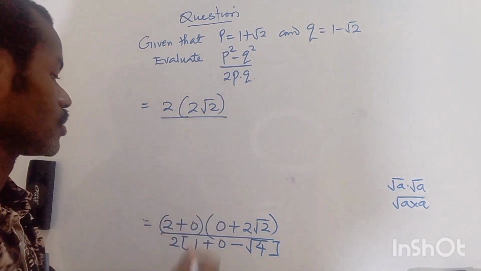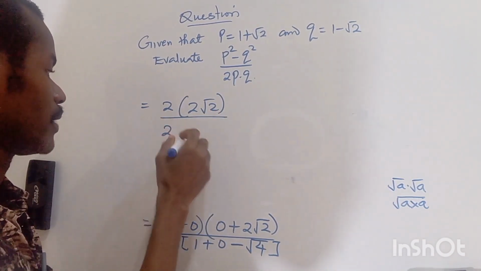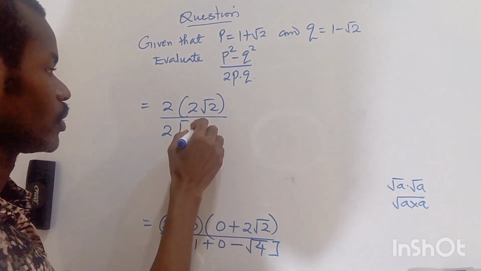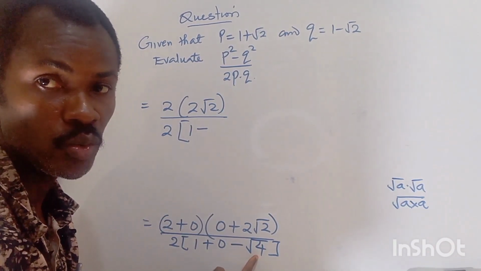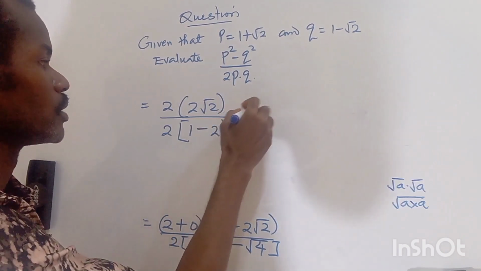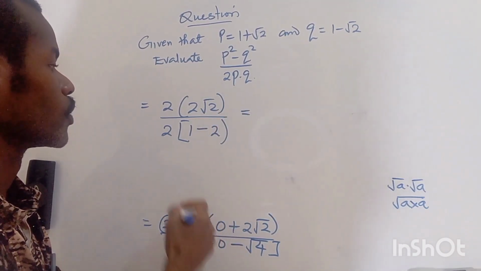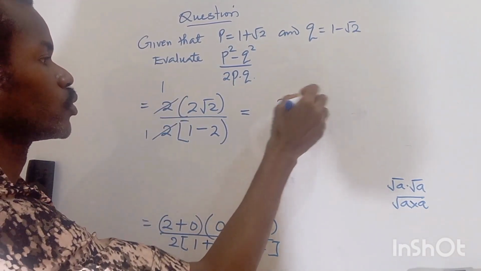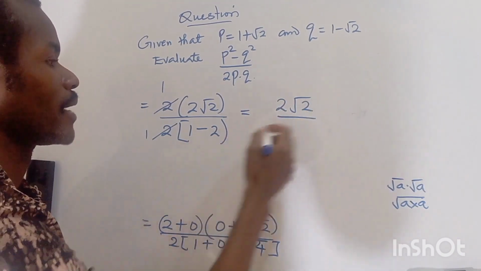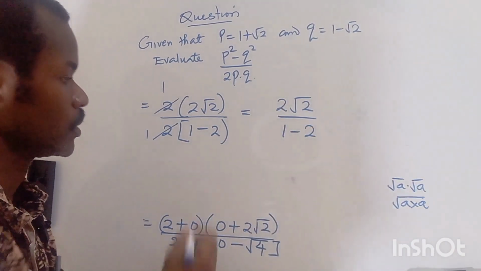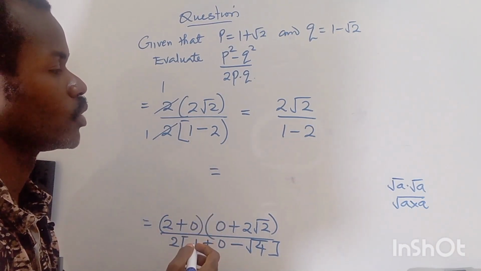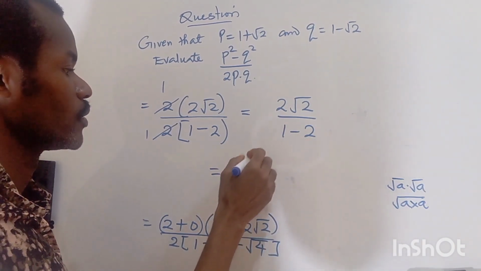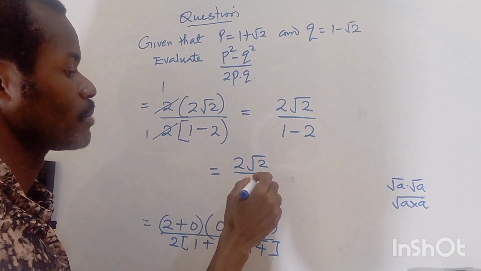All divided by 2 into 1 plus 0 is 1, minus square root of 4, which is 2. This can cancel, this is 1, 1. So we are left with 2 root 2 divided by 1 minus 2. 1 minus 2 is going to give us minus 1.